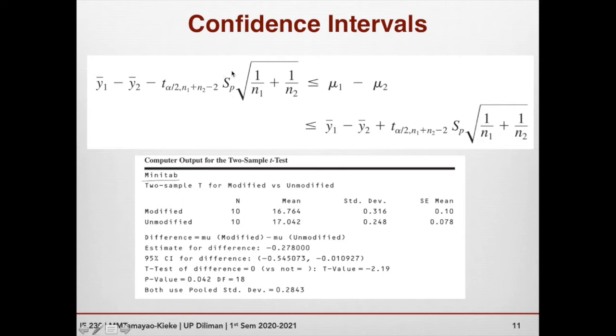And then of course you have your pooled standard deviation, and that would be 0.2843. And then from your t-table or using Excel or R or other software, you can get your t values.